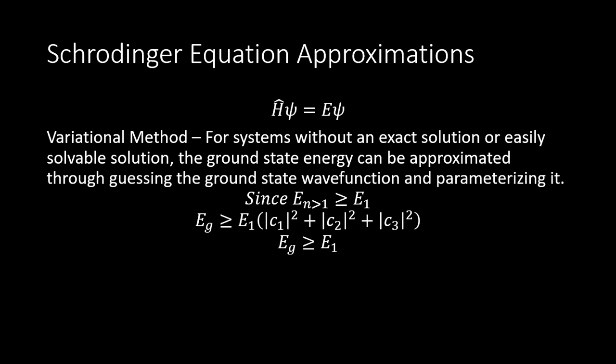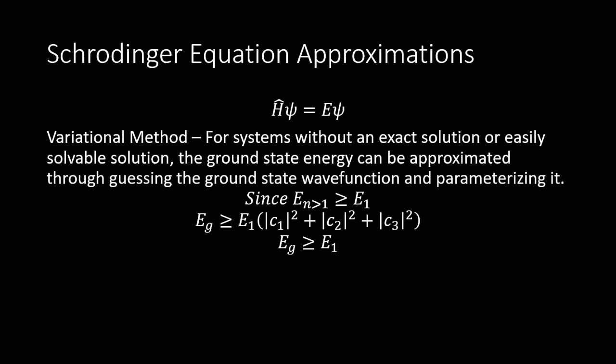Where this is valuable is that for every energy level above our ground state, what we know for sure is that those higher energies for E2, E3, so on and so forth, they will always be at least greater than or equal to our ground state energy.